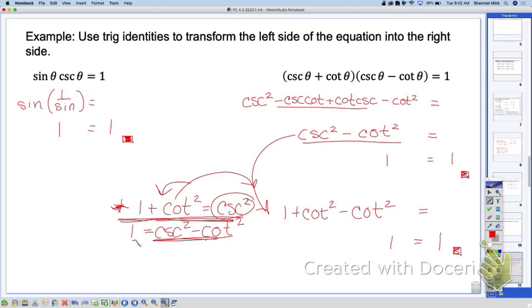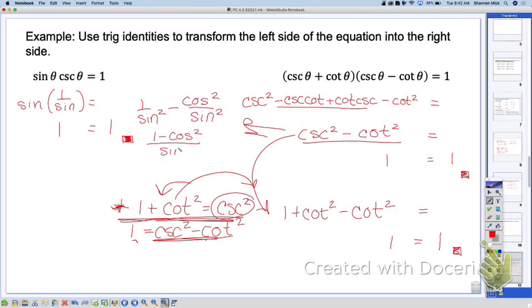Another option some people do is right here, they say 1 over sine squared minus cosine squared over sine squared. I don't know if you want to write this down or not, just watch. So I have 2 fractions, don't I? Do they have common denominators? Yes. So that gives me 1 minus cosine squared over sine squared.